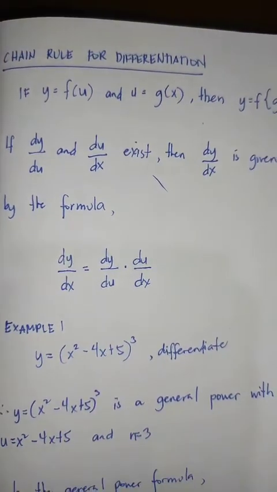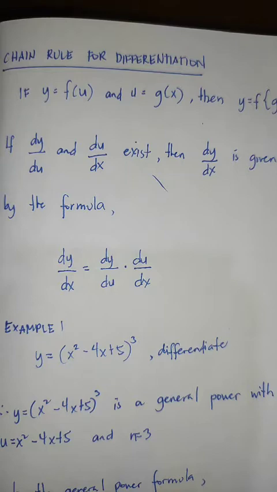So, next topic is chain rule for differentiation. Pag sinabing chain rule for differentiation, ibig sabihin lang nito is naging complicated yung derivative. Kasi, naging complex siya. Kumbaga, hindi na siya yung simpleng diretsong formula lang.